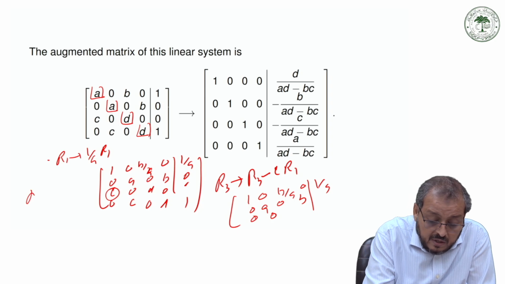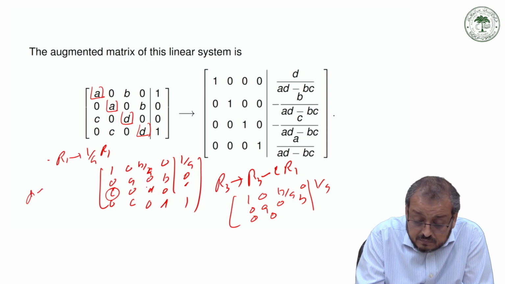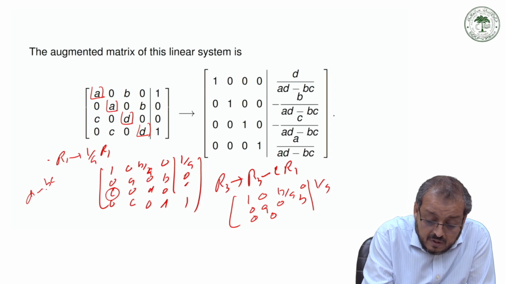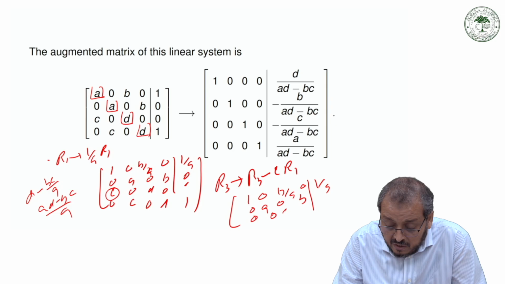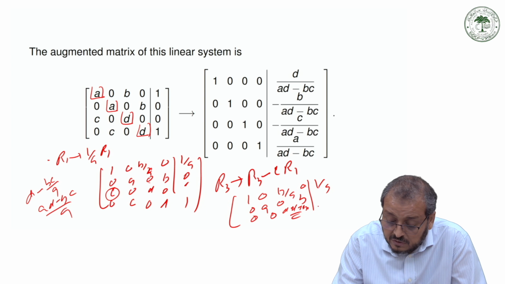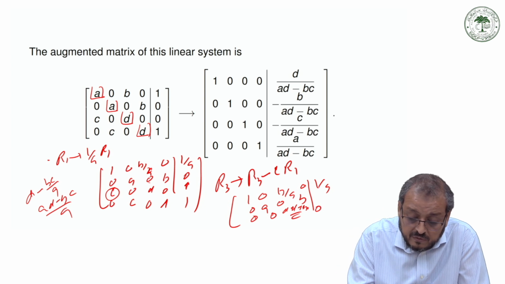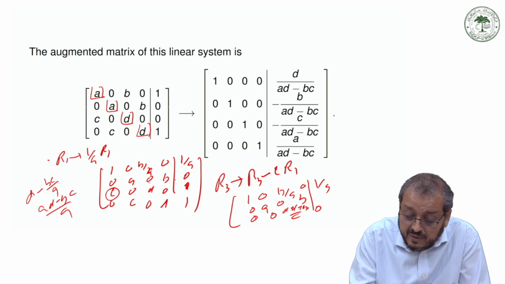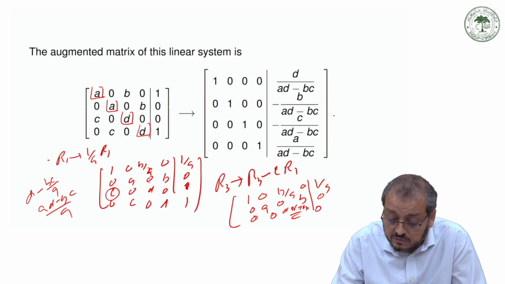Then you have d minus bc upon a, so this is (ad minus bc) upon a. Then we have 0 minus 0 is equal to 0, and then 0, 0, 1.